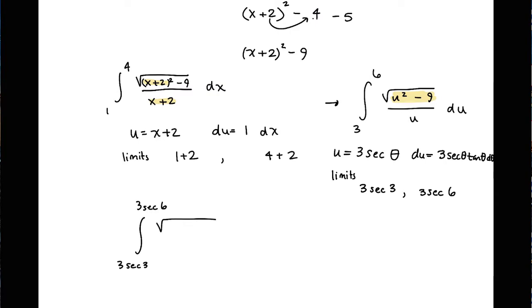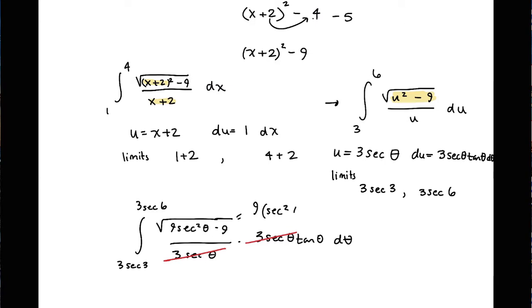And then we get the square root of 9 secant squared theta minus 9 over 3 secant theta times 3 secant theta tangent theta d theta. You can see right away some terms are going to clean up here. The 3 secant theta cancels. Simplifying what's inside the radical, this is equal to 9 times secant squared theta minus 1, which by the Pythagorean identity is tangent squared theta.